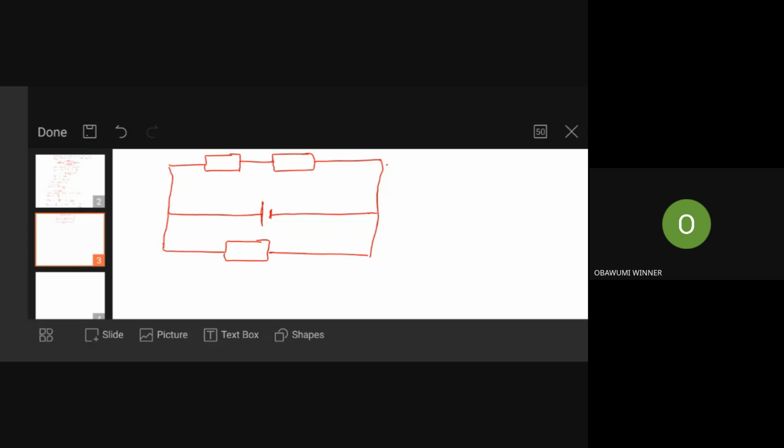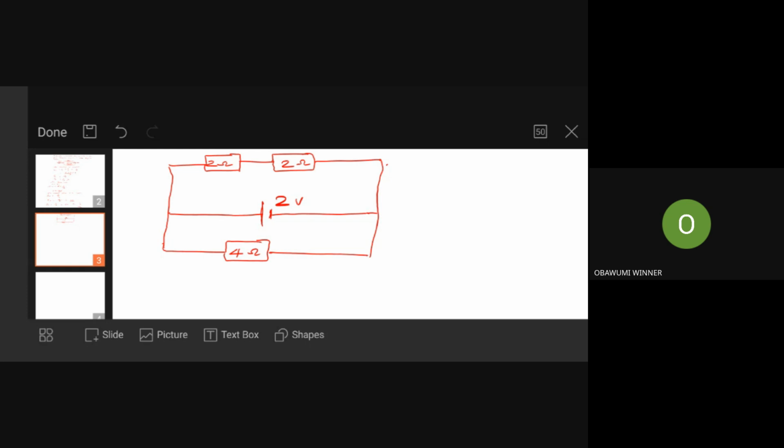Okay, this is how the circuit looks. We have 2 volts here. Here is 2 ohms. Here is 2 ohms. And this is 4 ohms. So that is basically what we have.